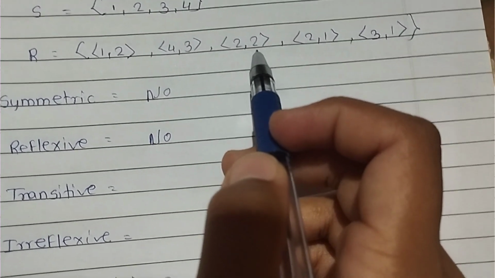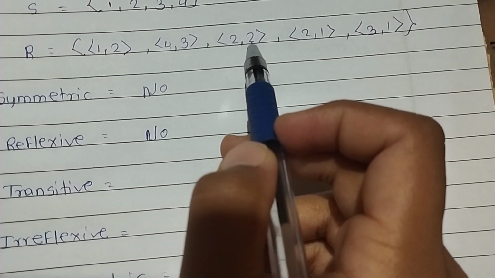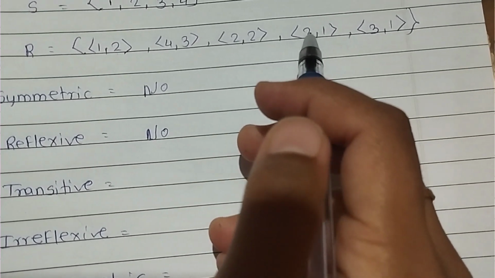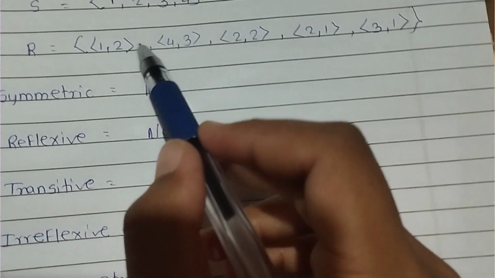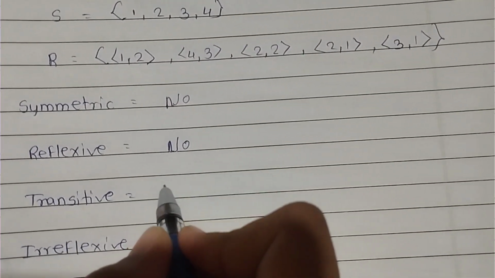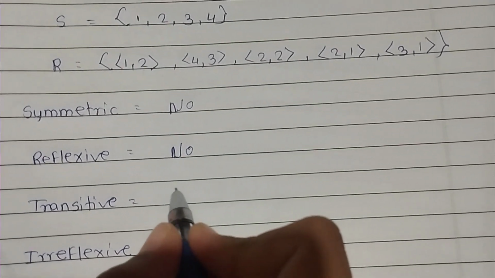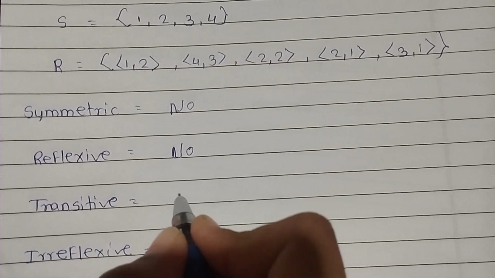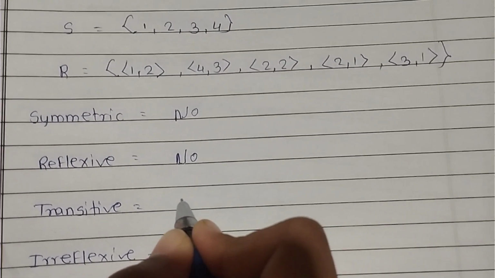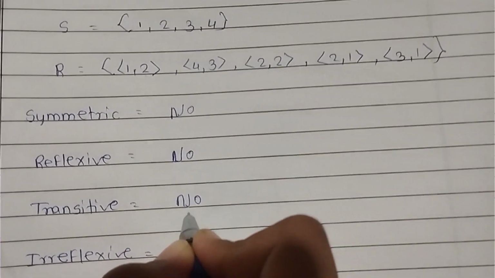Also check 2: the second element of the first pair is 2, and 2 1 is present but 1 2... so the transitive property also fails for the given question. If any one condition is false, then the whole property fails, so transitive also fails.